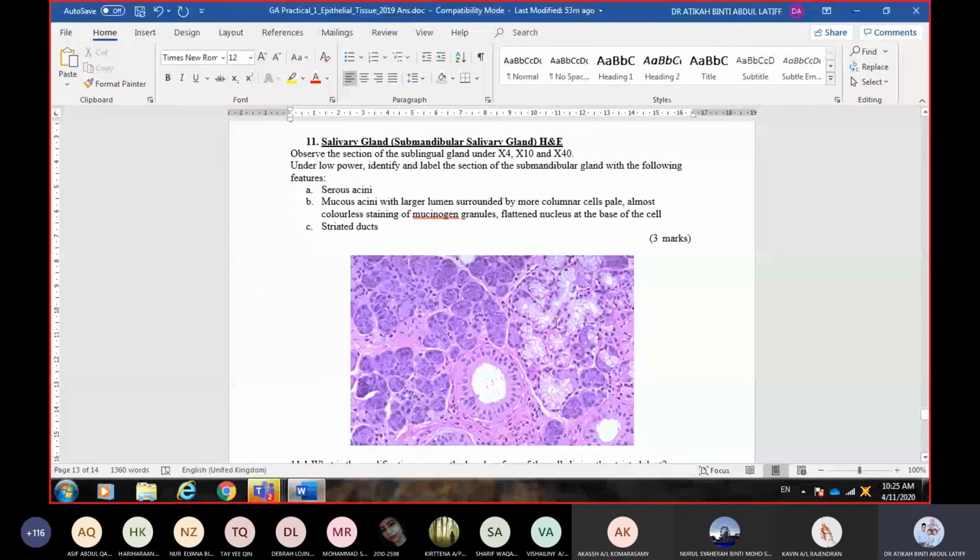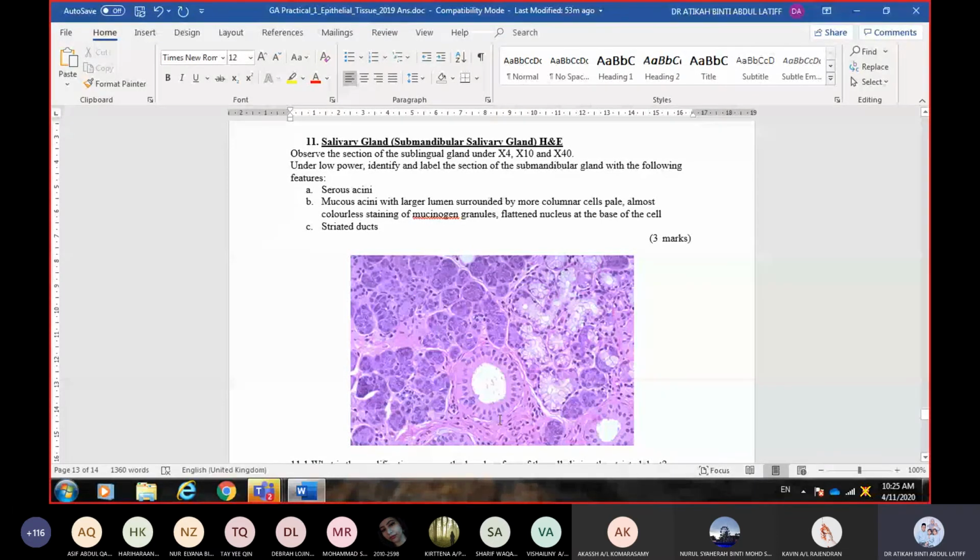The mucous acini does not have that feature. You can see here the serous acini has a rounded nucleus at the base, and here the mucous acinus has a more flattened nucleus at the base.